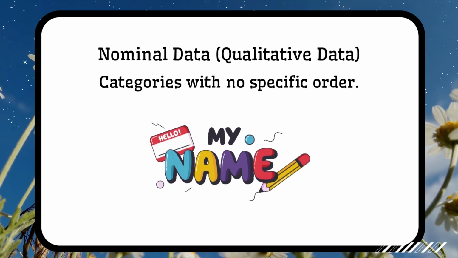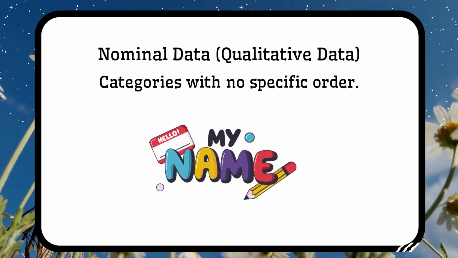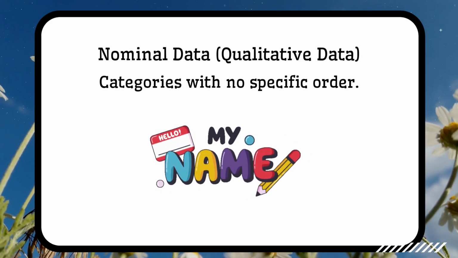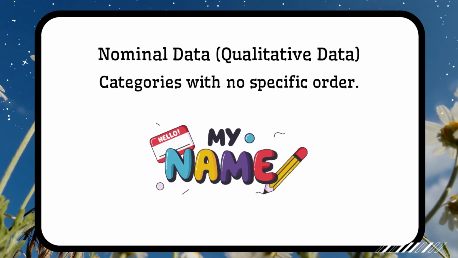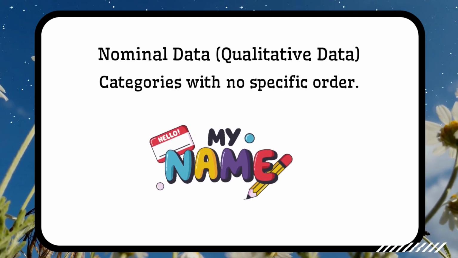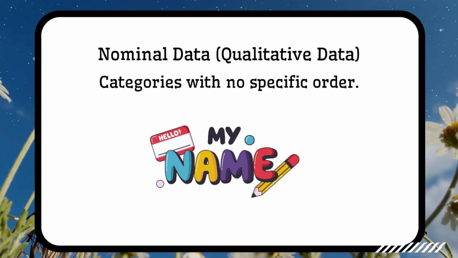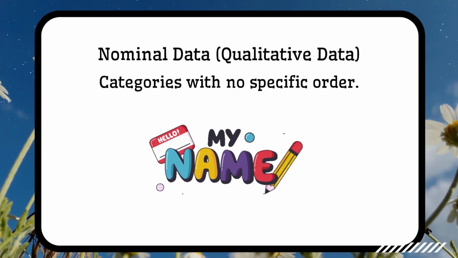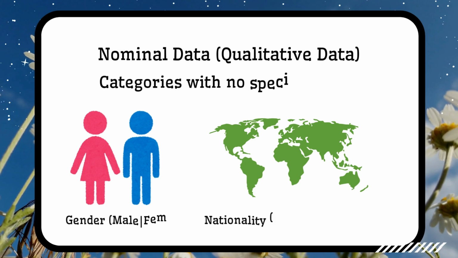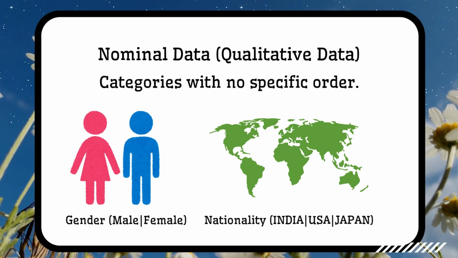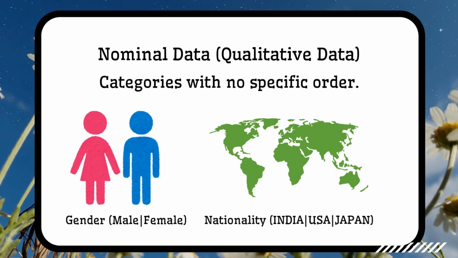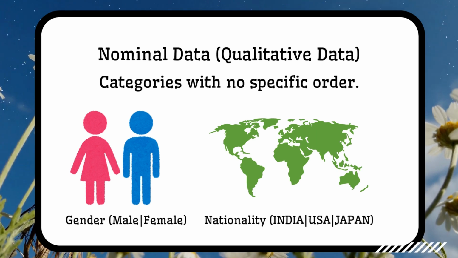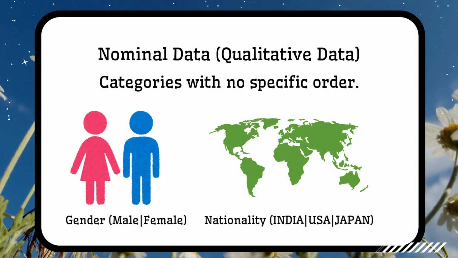So this data includes categories with no specific order. As you know, names are for identification only. They don't have any particular order. For example, gender. It can be male or female. Nationality, USA, India, Japan. Colors, red, blue, green.